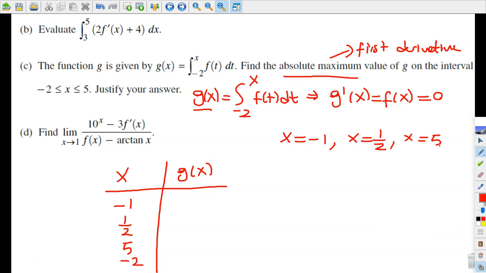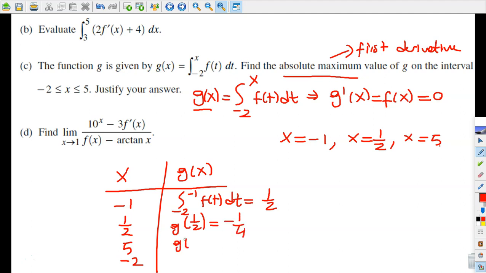we also need to put that negative 2 value. So when we plug negative 1 into the g function, the result is going to be equal to the integral from negative 2 to negative 1 of f of t dt. So when we evaluate that, we're going to get 1/2. So same thing, if I do the same thing for 1/2, g of 1/2 is going to be equal to negative 1/4.